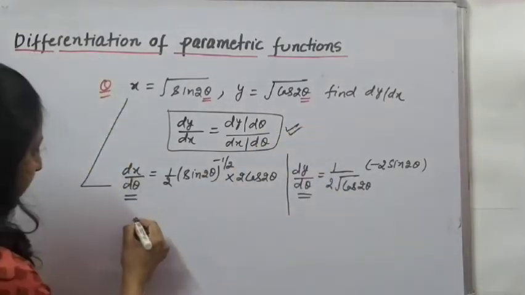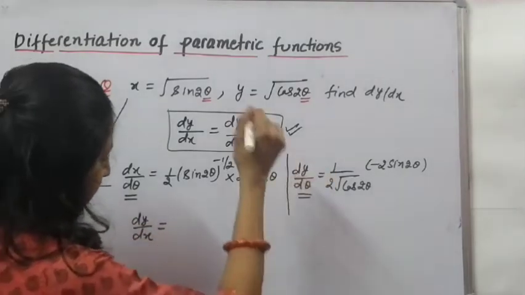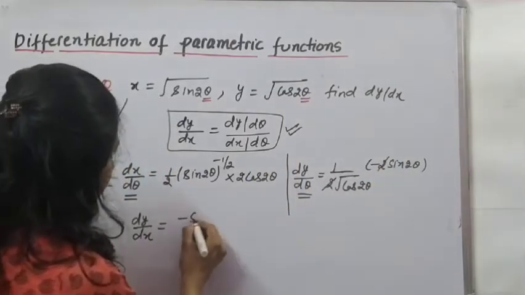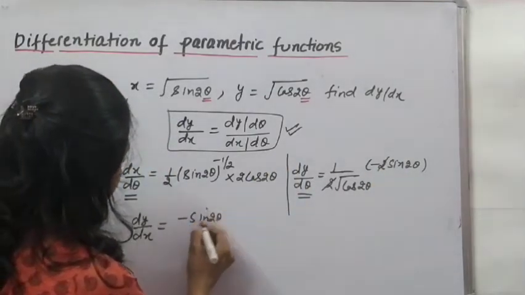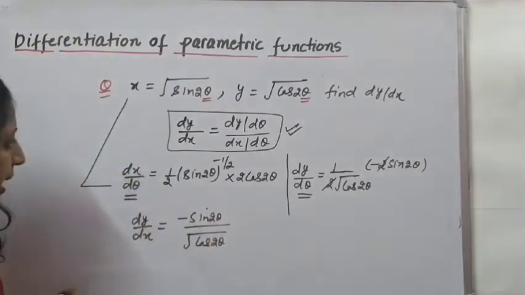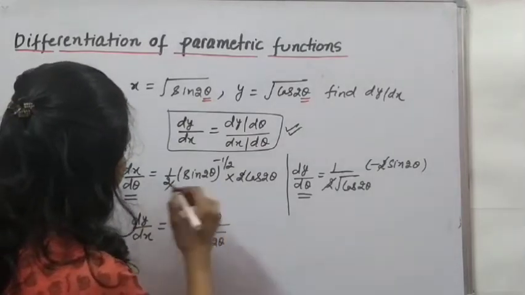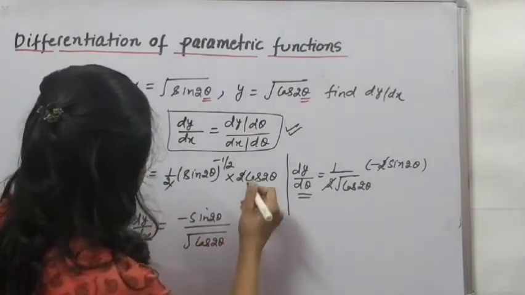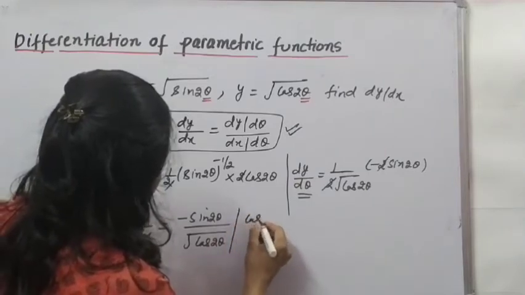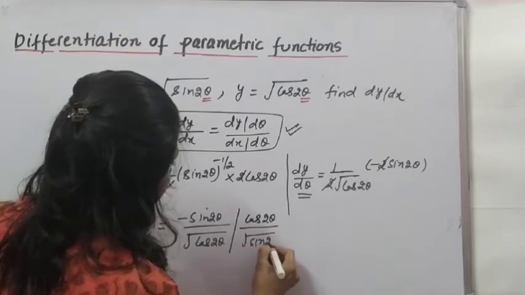Now put the values of dx by d theta and dy by d theta in this formula, that is dy by dx is equal to dy by d theta, and we will cancel, minus sin 2 theta upon root cos 2 theta upon the value of dx by d theta, cos 2 theta upon root sin 2 theta.